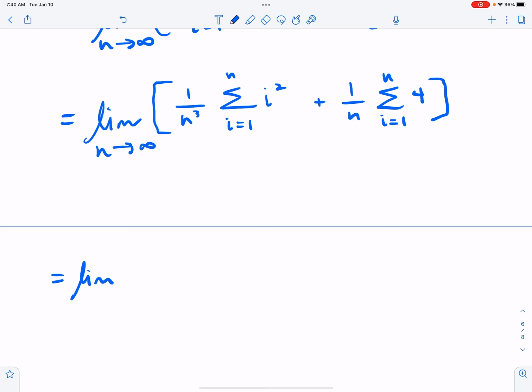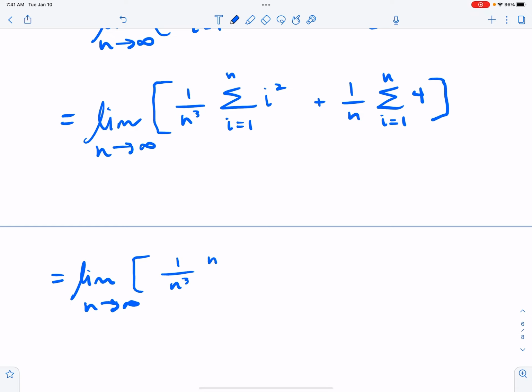So the limit as n approaches infinity of 1 over n cubed, the summation formula for i squared. I just had it here, but I want to make sure I'm using the correct one.